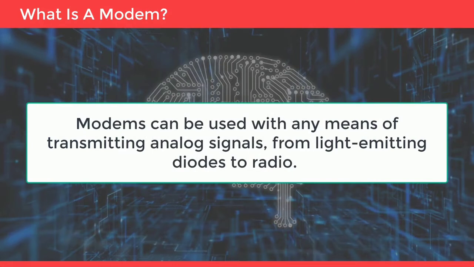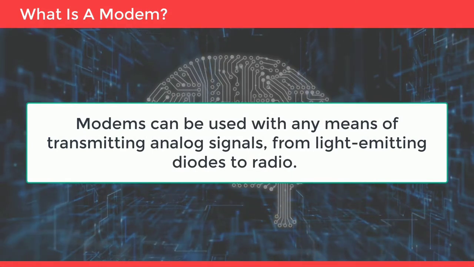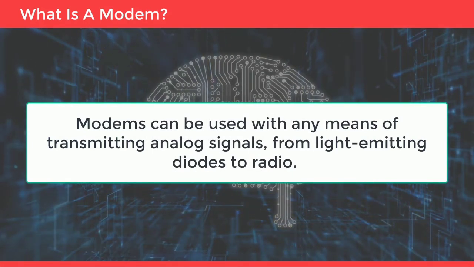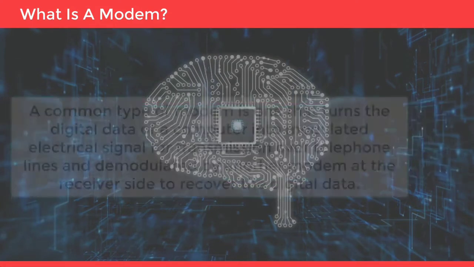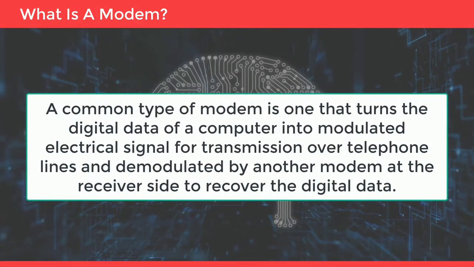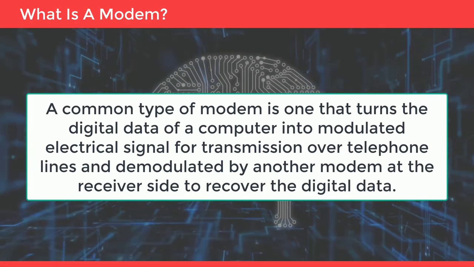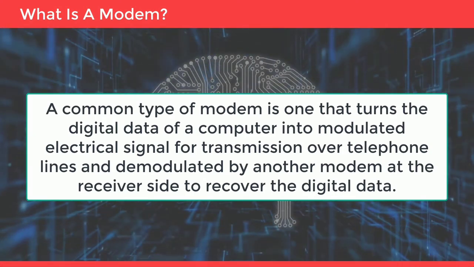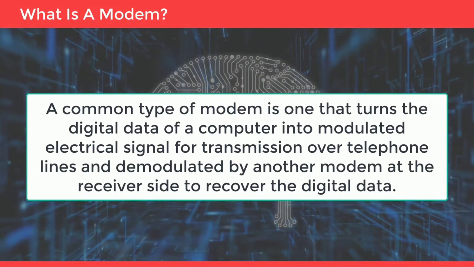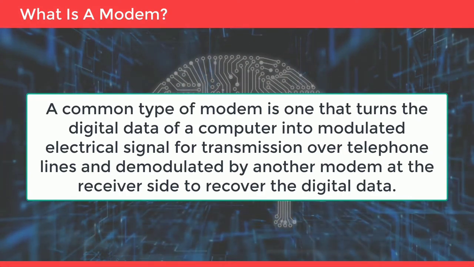Modems can be used with any means of transmitting analog signals, from light-emitting diodes to radio. A common type of modem turns the digital data of a computer into a modulated electric signal for transmission over telephone lines, and it is demodulated by another modem at the receiver side to recover the digital data.